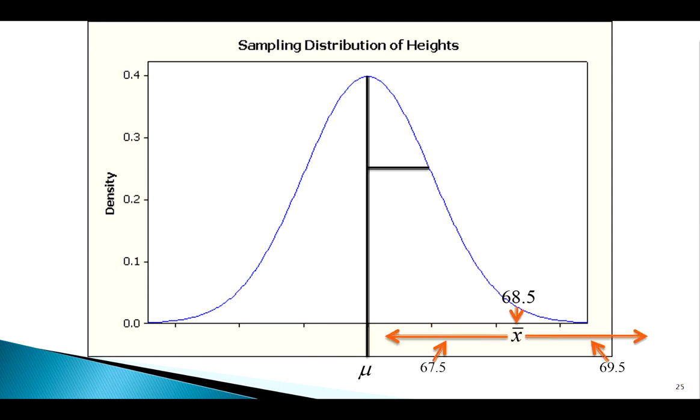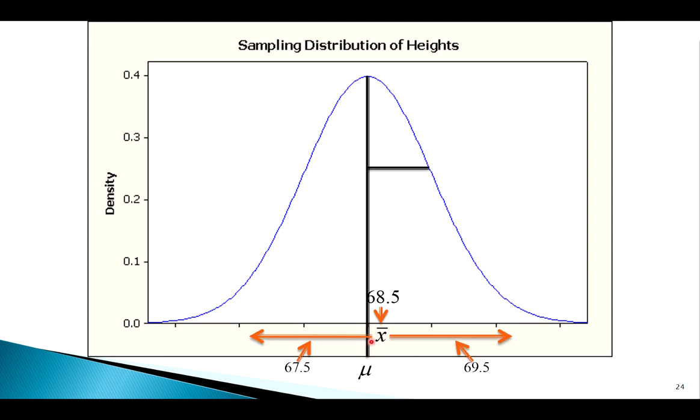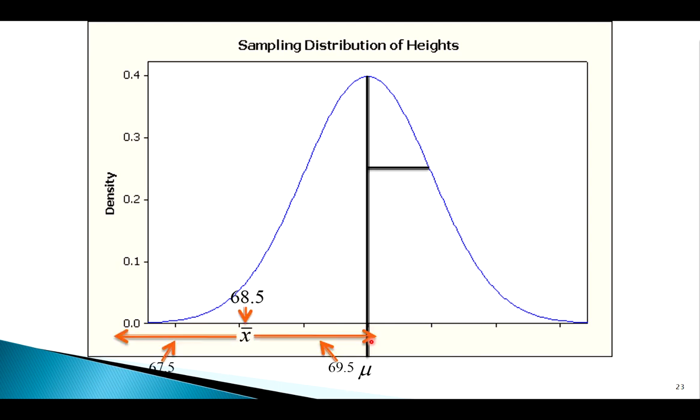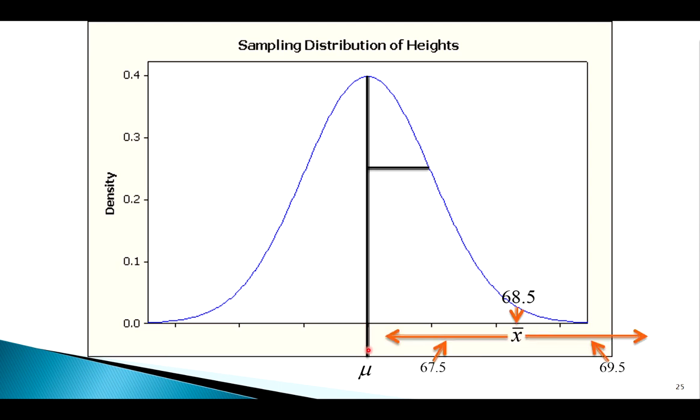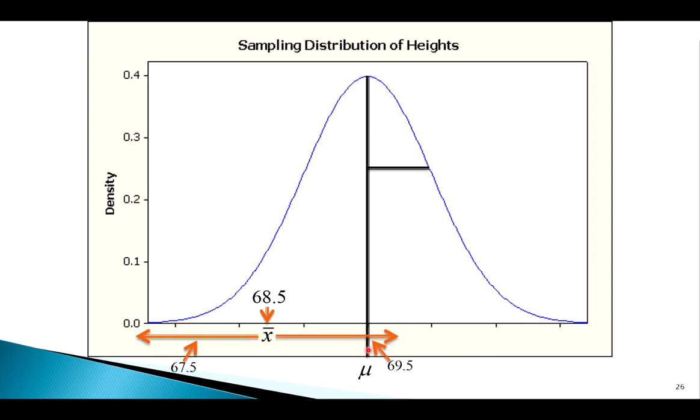Now there is a chance that I get some sort of weird value of x bar, and it's more than 2 standard deviations away, and the mu that I was looking for is not included in that interval. So remember, that is a possibility. All right, but for the most part, if I construct this interval in this way, go out 2 standard deviations from x bar, I ought to capture, most of the time, that value of mu that I'm looking for.